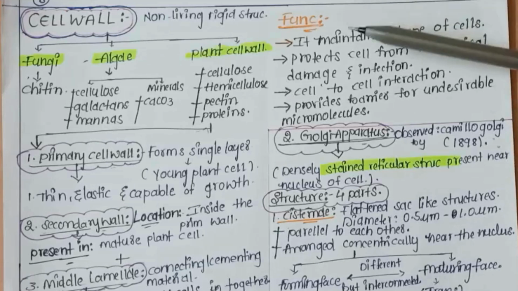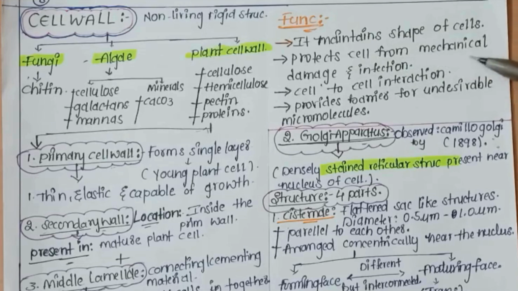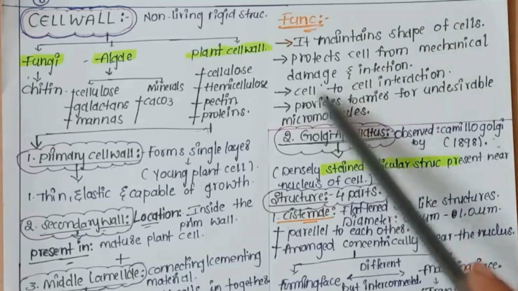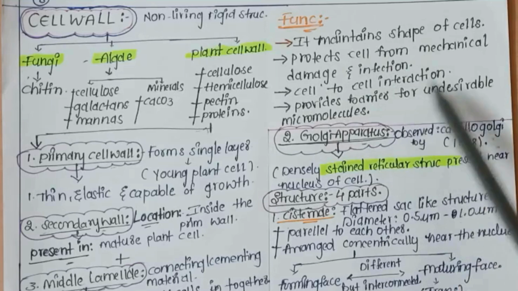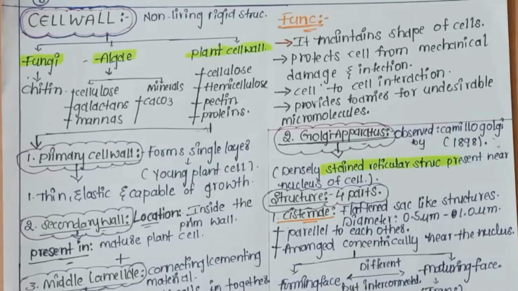Coming to the functions of the cell wall, it maintains the shape of cells, protects the cell from mechanical damage and infection, provides cell to cell interaction, and provides a barrier for undesirable macromolecules.